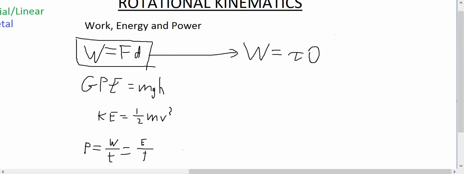Work is equal to torque times the angular displacement, and you can find it redirects back to F times d. And EPE, you clearly don't need it.